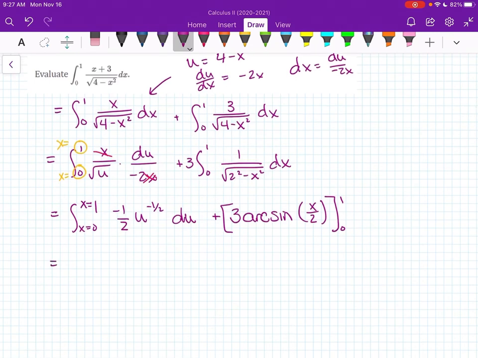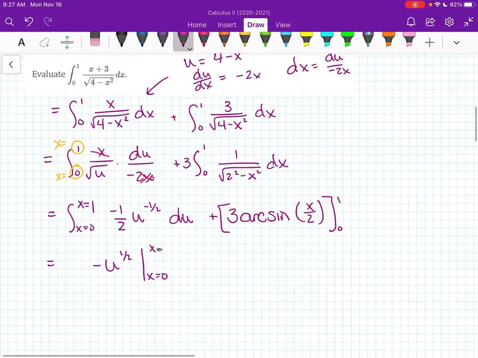Over here, you could do u substitution, or you could think about the anti-power rule. I have negative u to the positive 1/2, evaluated from x equals 0 to x equals 1.